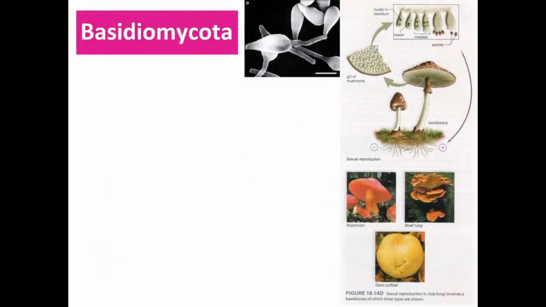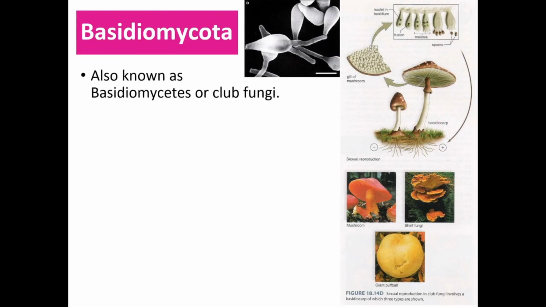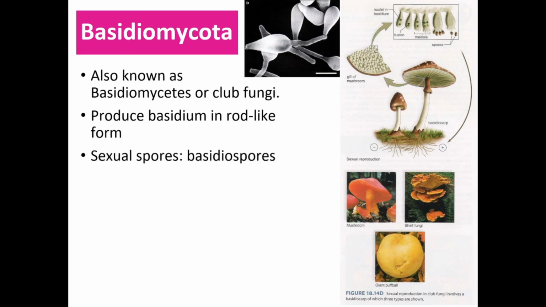The third group of fungi is Basidiomycota, also known as Basidiomycetes or club fungi. Basidiomycota produce basidium in a rod-like form. They can reproduce sexually by producing basidiospores.